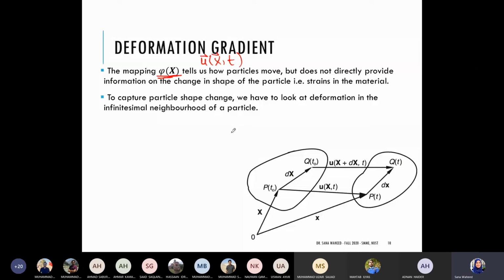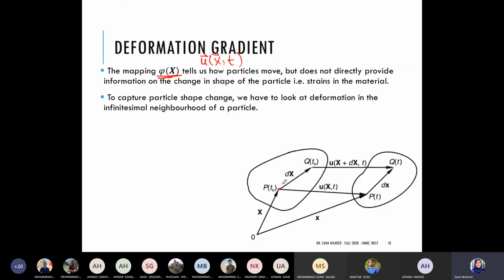But the issue right now is that sometimes we're just interested in the motion of the particle, but more often, we're actually interested in the deformations that are happening in the vicinity of the particle. That is, we're interested in how the strains are developing around that particle in the body.